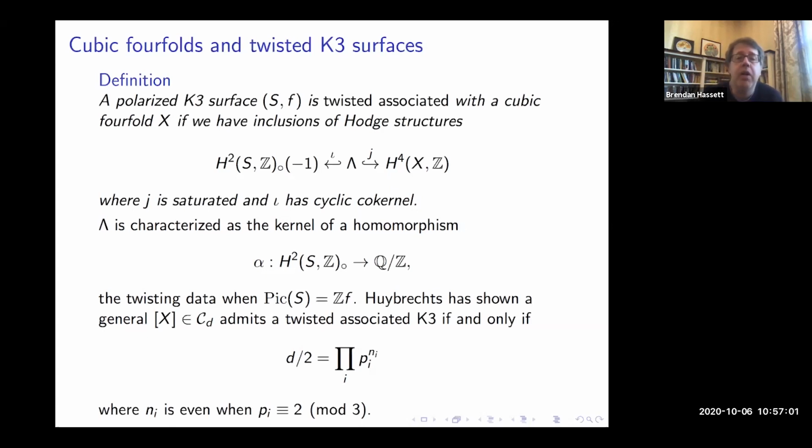These are called twisted K3 surfaces, characterized as having a certain Brauer class, which represents the twisting data.